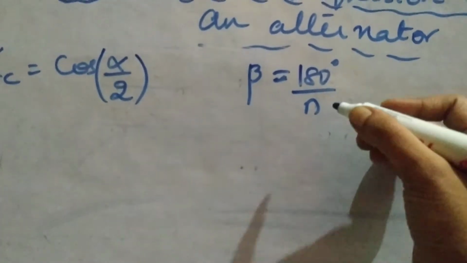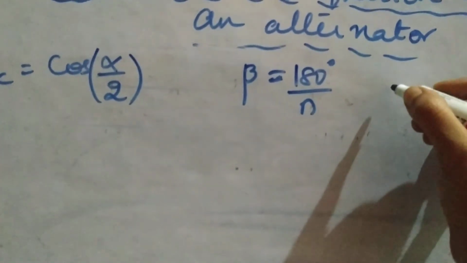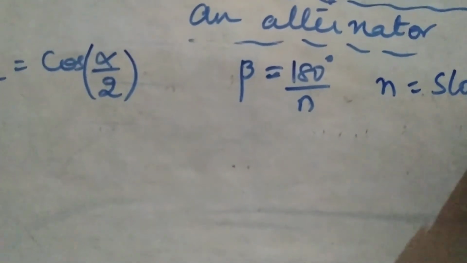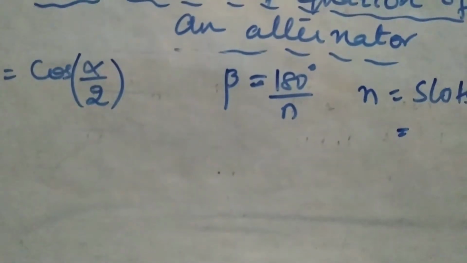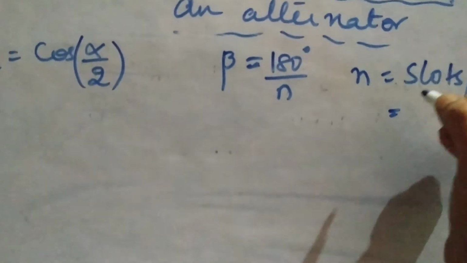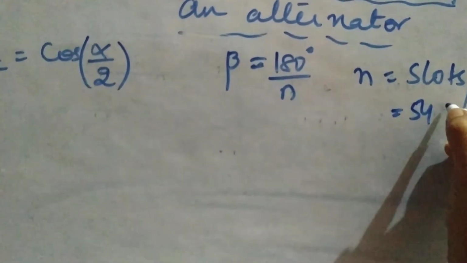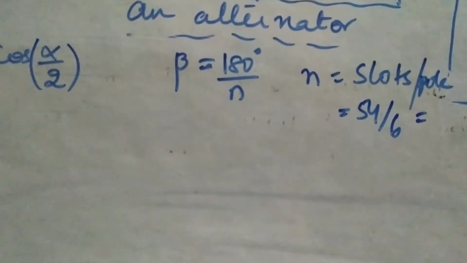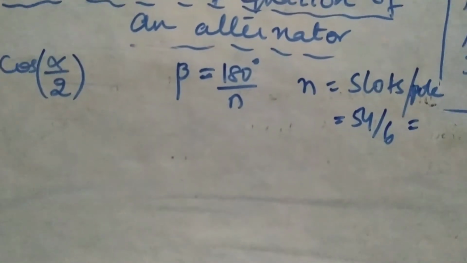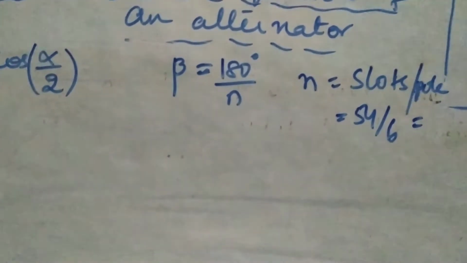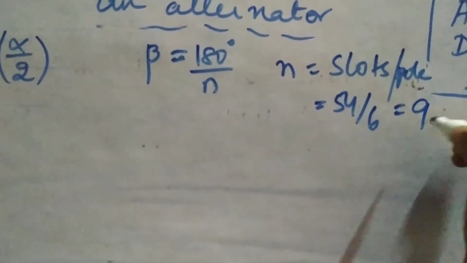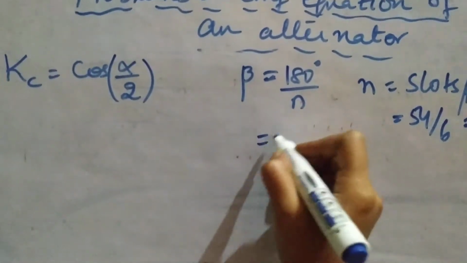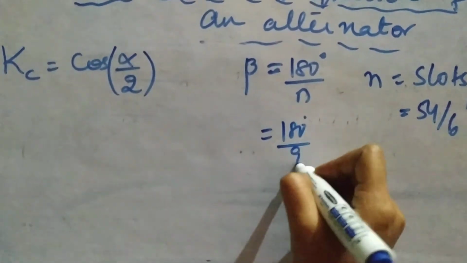How do you get the n value? n is nothing but slots per pole. How many slots were given in the problem? 54. So 54 divided by 6 poles results in 9. So beta is 180 divided by 9, which is 20 degrees.